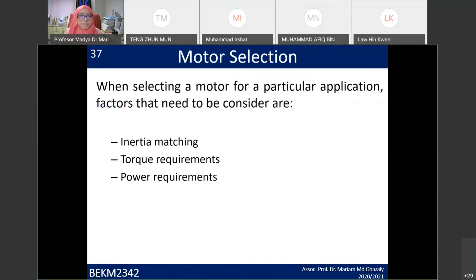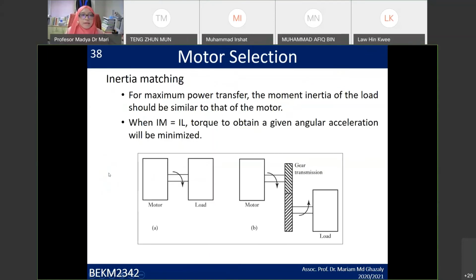And then for motor selection, when selecting a motor for a particular application, the factors that need to be considered are inertia matching, torque requirement, and power requirement. So let's look at the inertia matching. For example, you need to transfer the maximum power, so the moment of inertia of the load should be similar to that of the motor.